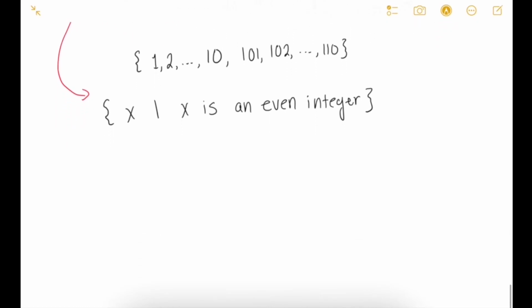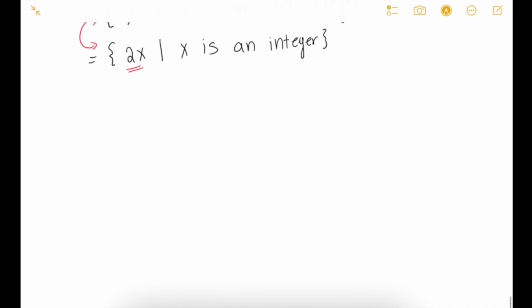We could also describe it as the set of all 2x such that x is an integer. So if you went ahead and plugged in 1, 2, 3, 4, 5, and so on into this 2x right here, you would end up with 2, 4, 6, 8, 10, 12. So if you double all of the integers, you're going to get all of the even integers. So these are all the same.